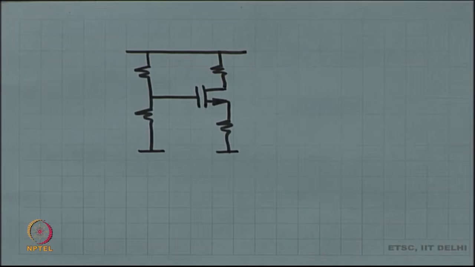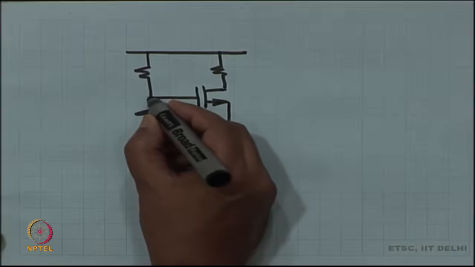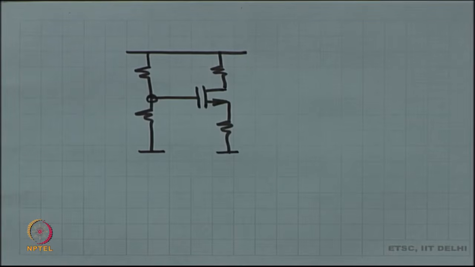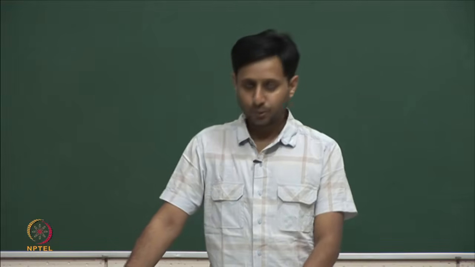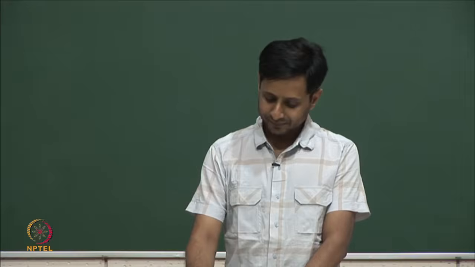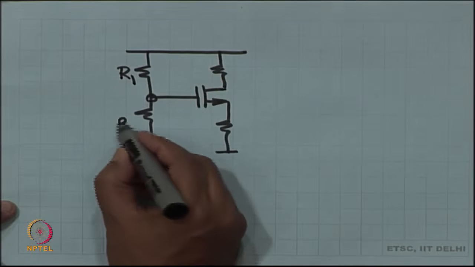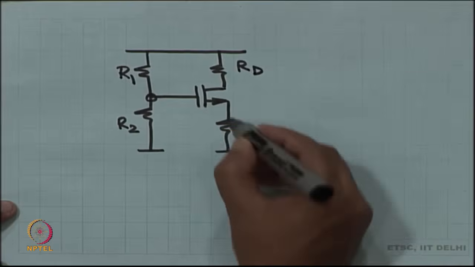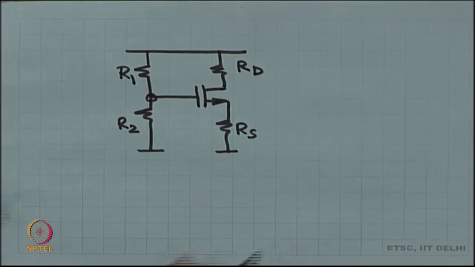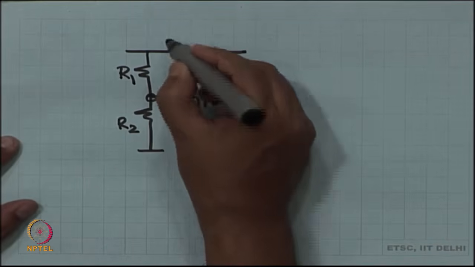This is something that we worked out in the last class. We also worked out how to precisely compute the DC operating point, that is what is VDS, what is ID given the values of these resistors and given some details about the MOSFET.